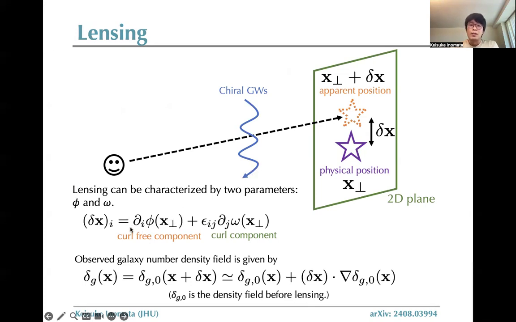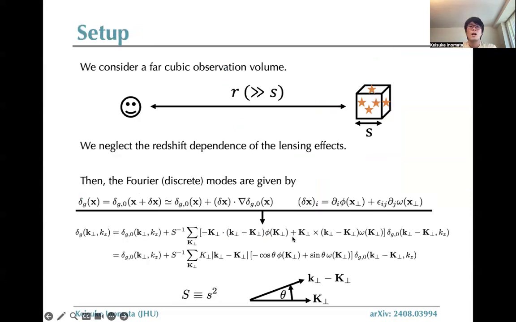This part is the curl-free component, and this part is the curl component. The observed galaxy number density field is given by this, and delta Z0 is the density field before lensing. Okay, so this is the setup.